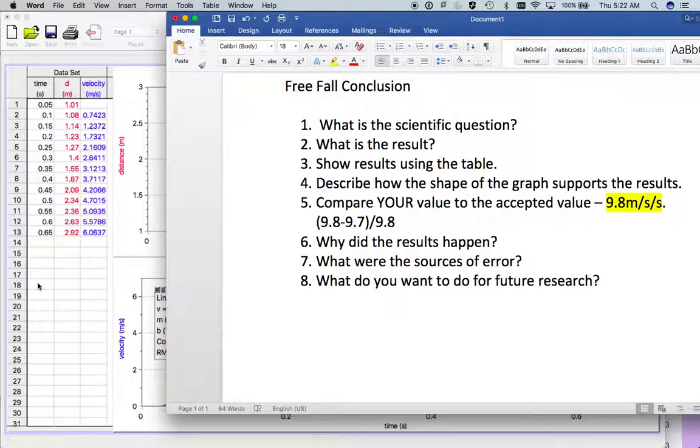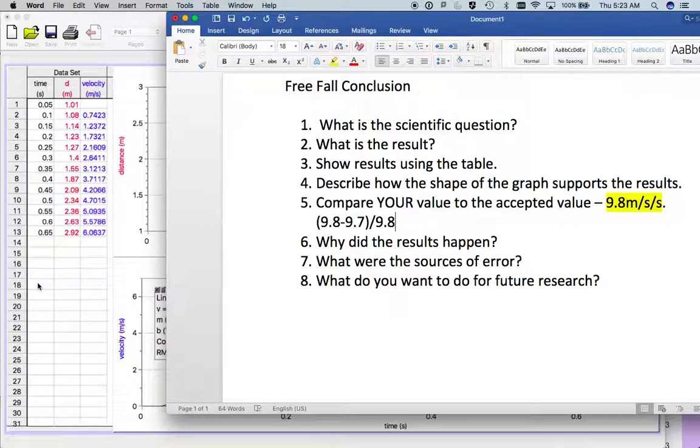You should see that they are all pretty close to 9.8, which tells you a couple of interesting things. It doesn't depend on the mass of the object, which is a little surprising. Heavier things don't seem to accelerate faster than lighter things, which is interesting. It also didn't depend on the shape of the object. We had the slim picket fence, we had a heavy textbook, we had a basketball.